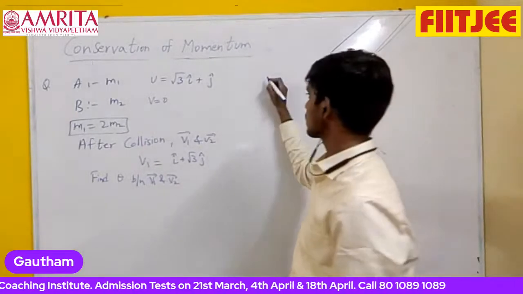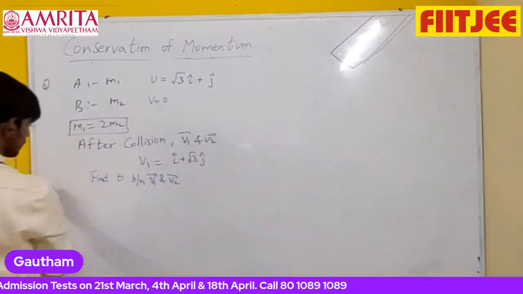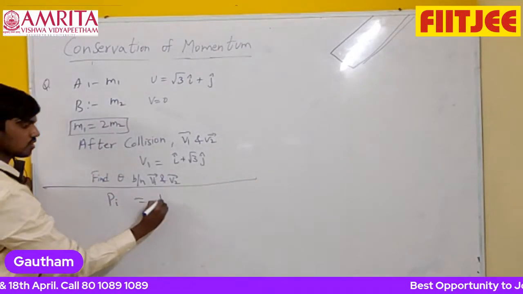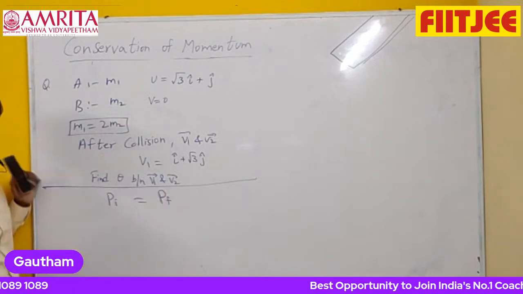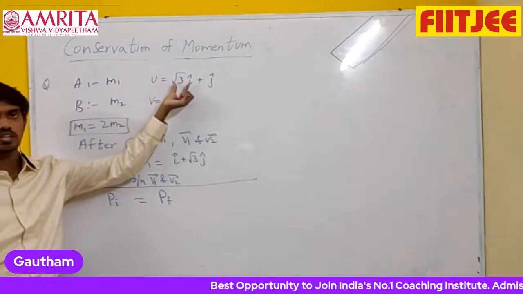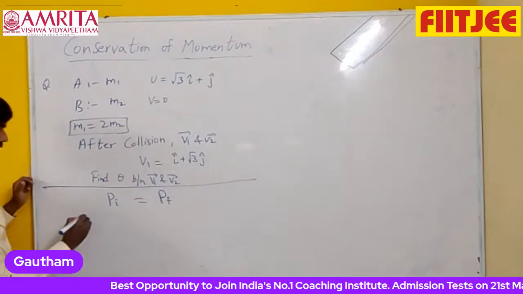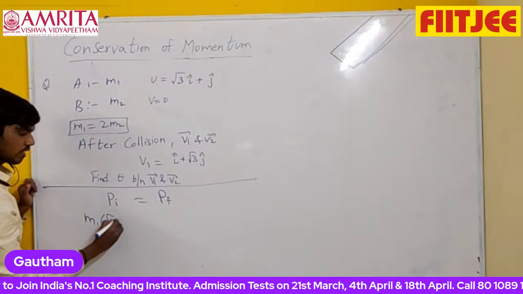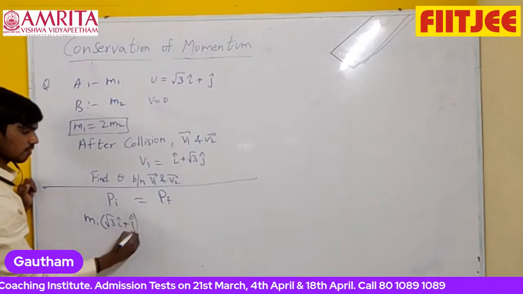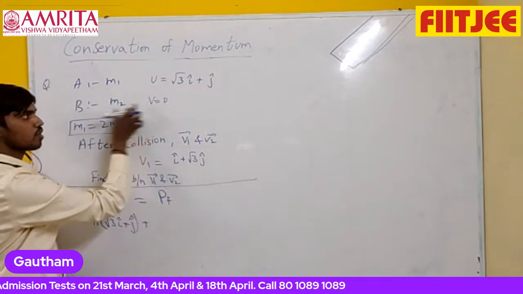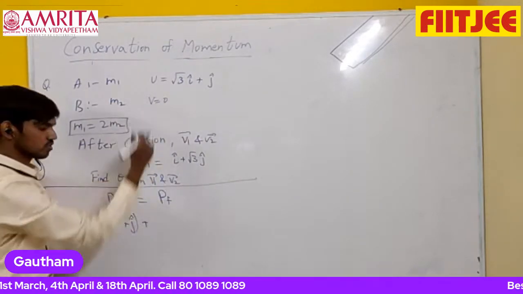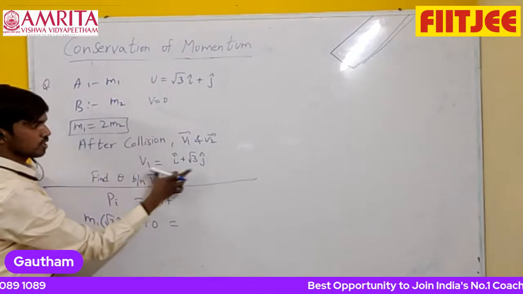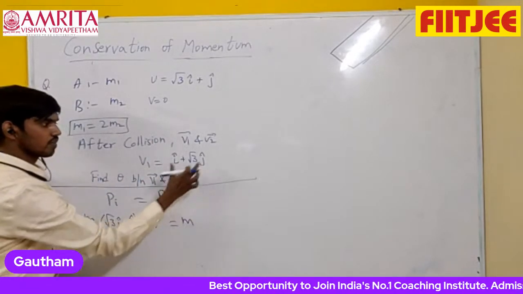So here, momentum conservation: the initial momentum of the system is equal to the final momentum of the system. The initial momentum is mass into initial velocity vector. So m1 into root 3 i cap plus j cap, plus the second body's initial momentum, which is 0 since its velocity is 0, is equal to the final momentum, m1 into the v1 vector.